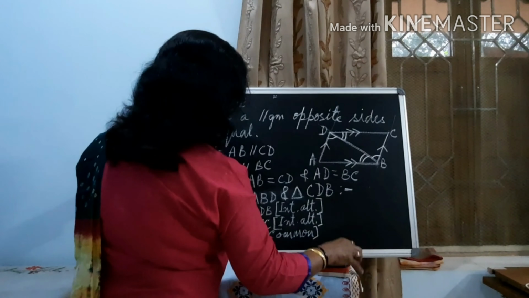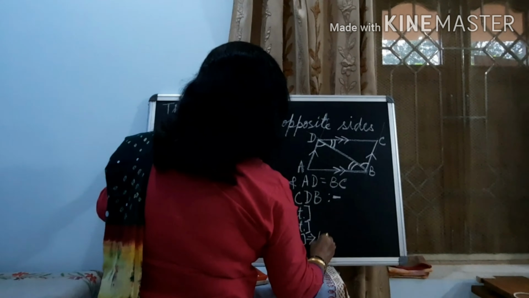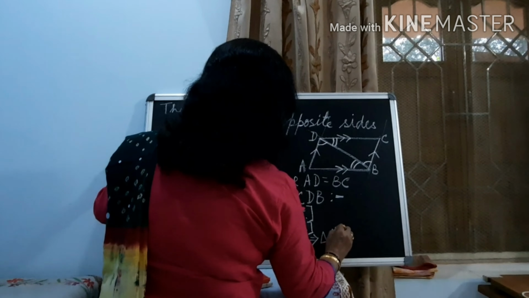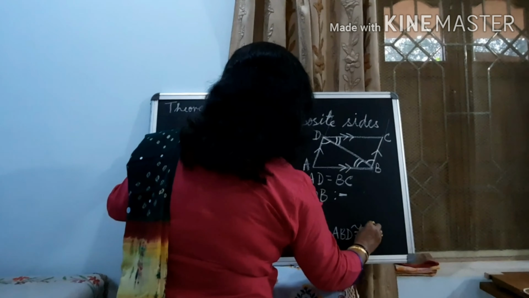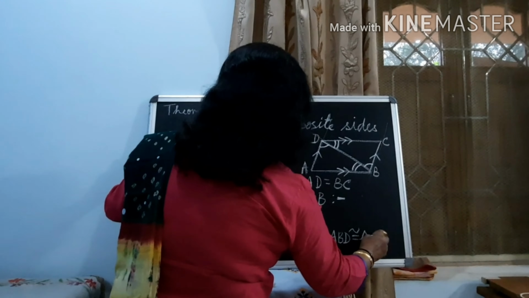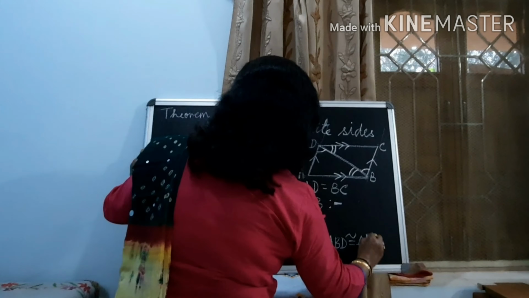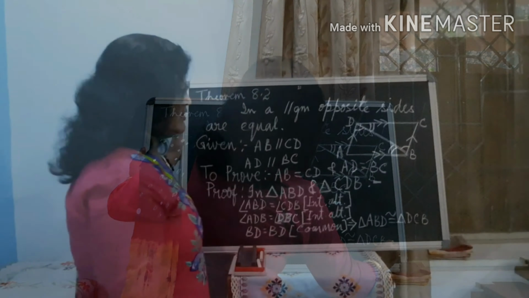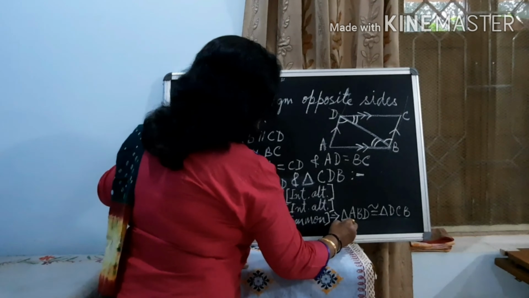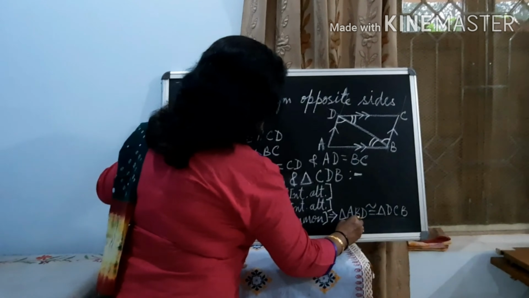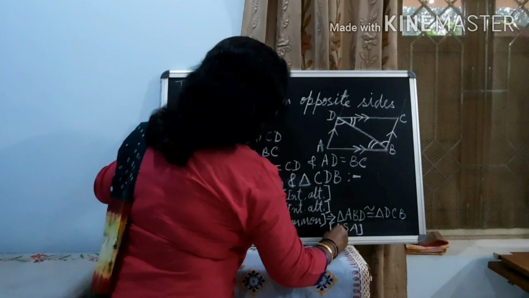This implies that triangle ABD is congruent to triangle DCB. Why, students? Why are they congruent? Because the ASA criterion is fulfilled by these two triangles.